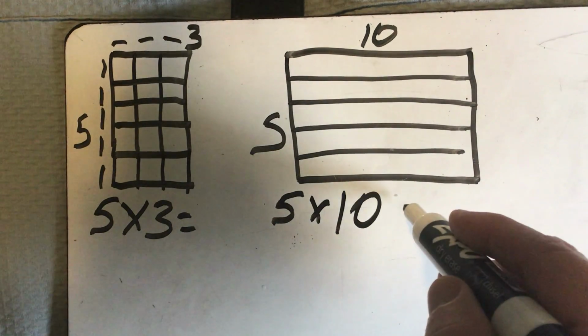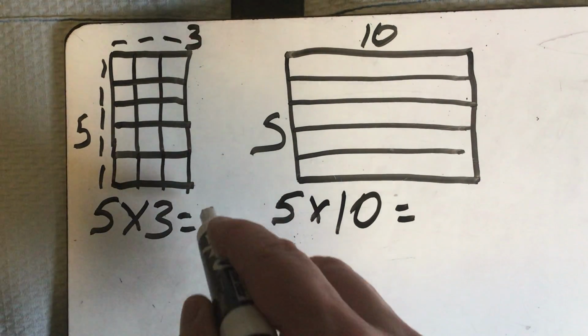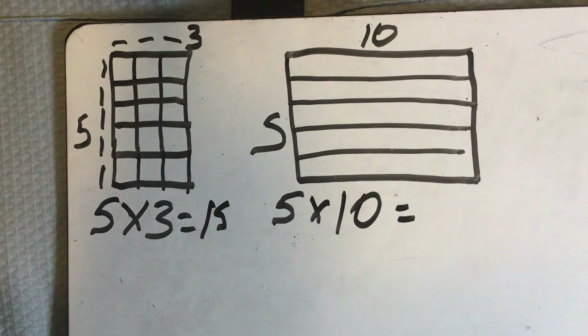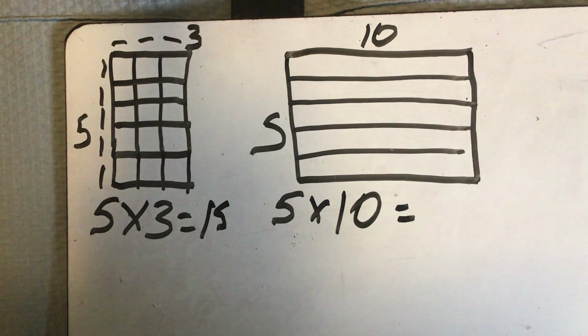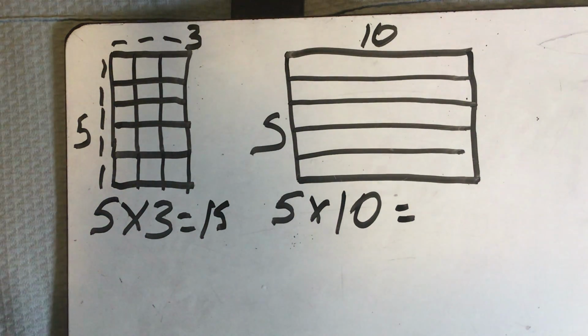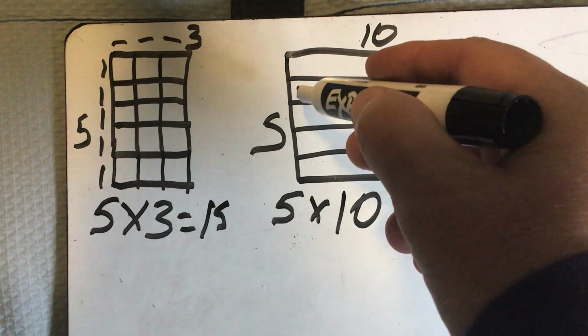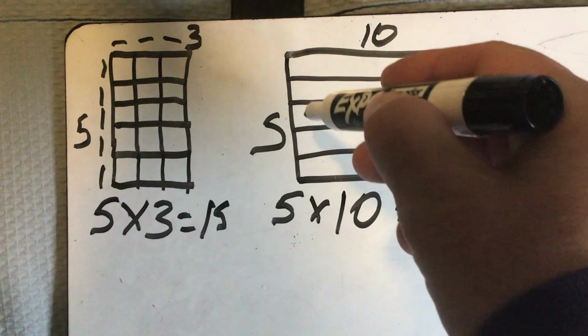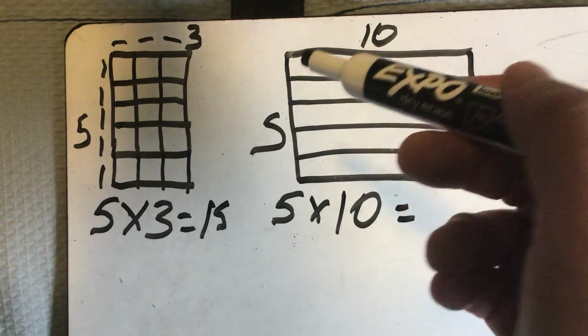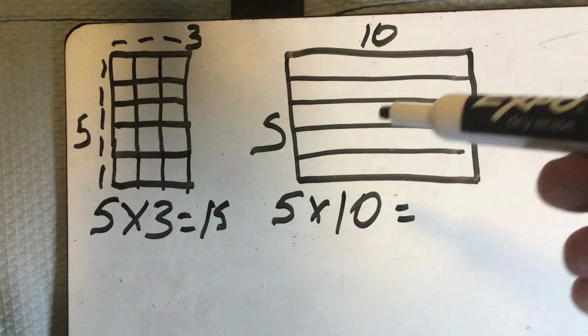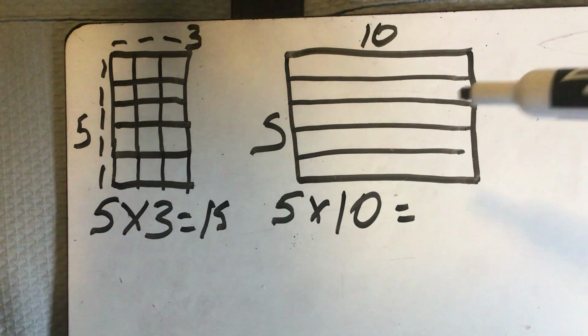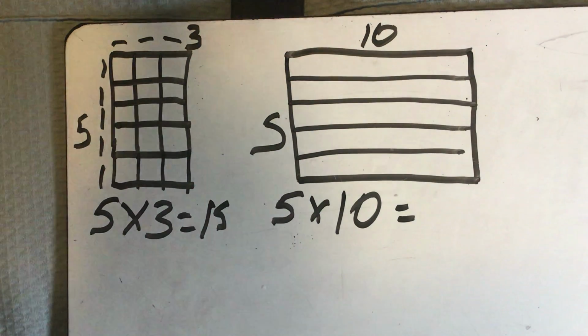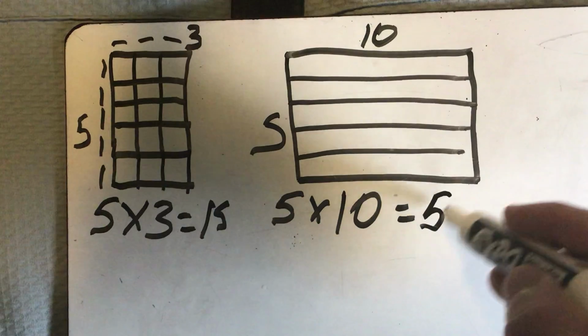We could even skip count this: 10, 20, 30, 40, 50, or 5, 10, 15, 20, 25, 30, 35, 40, 45, 50. 5 by 10 equals 50.